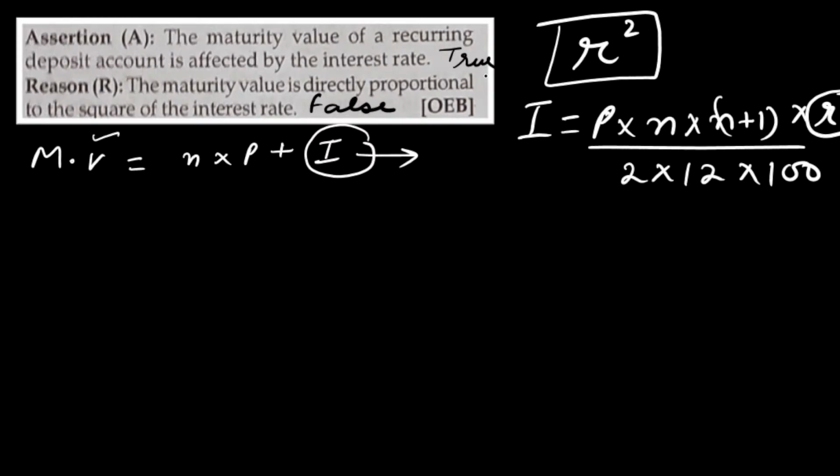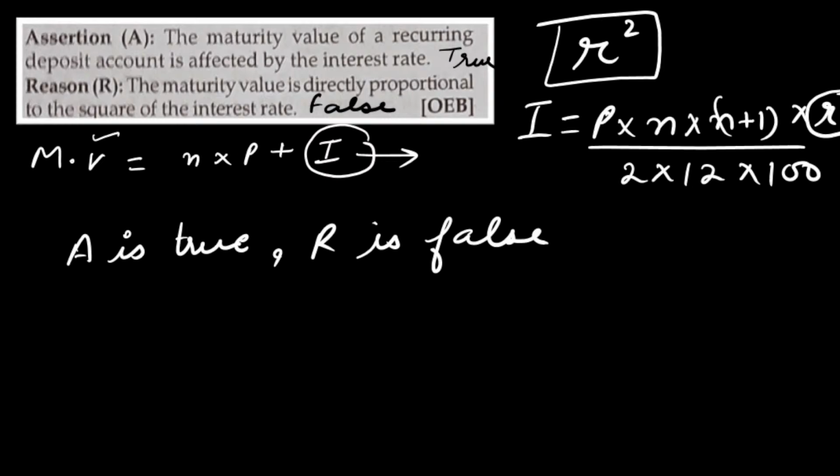So here assertion is true and reason is false. So which option? Options I have shared. A is true, R is false. So which option?